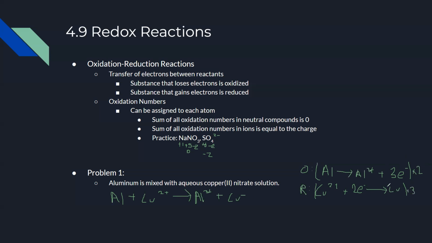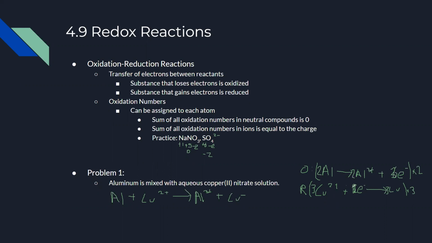So that creates 3 Cu2 plus plus 6 electrons makes 3 Cu. And for aluminum, 2Al makes 2Al3 plus plus 6 electrons.